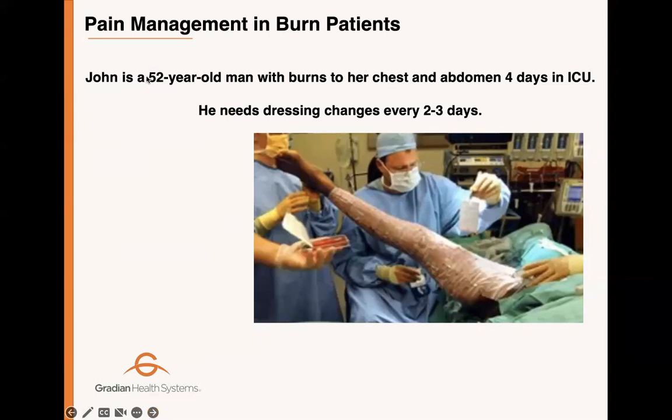There will be dressing every 2 to 3 days, so dressing can be a cause of pain for this patient in ICU. This patient will undergo physiotherapy in order to make sure his limbs are functioning, in order to prevent contractures, stuff like that. So that could be a source of pain for this patient.